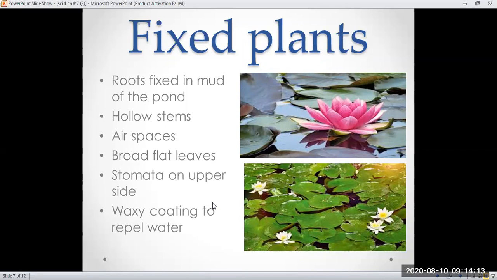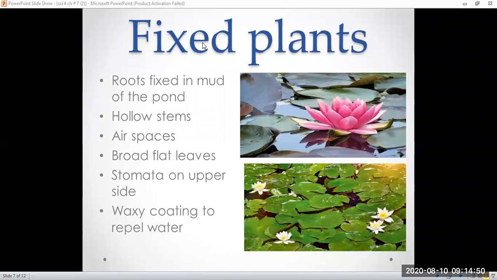Any one of you can tell me what is the function of stomata in the leaf? Yes, Zainab? Teacher, stomata. Yes, what is the function of stomata? We have read in the previous chapter number 6. I thought you forgot everything in these vacations and you didn't open your science book.